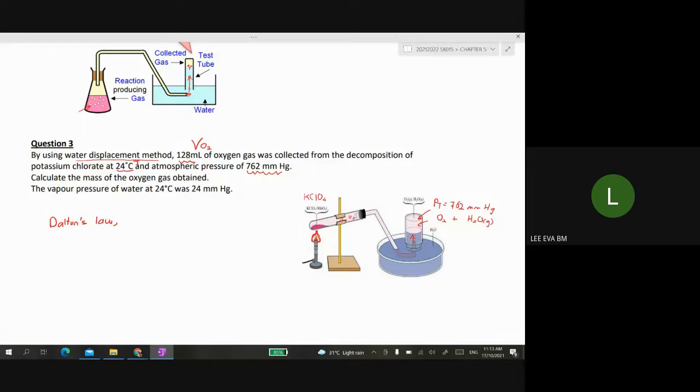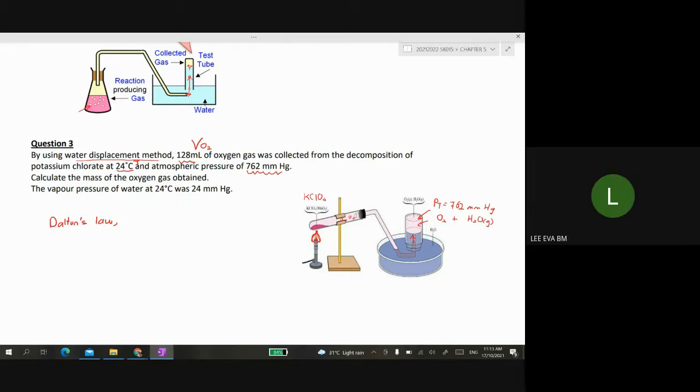When this bubble bursts, because it passed through water, there will be water vapor. So it means in this area there is oxygen and there is vapor. The gas in the bracket is gas. Gas and vapor are the same thing. Is that okay? Yes, madam.